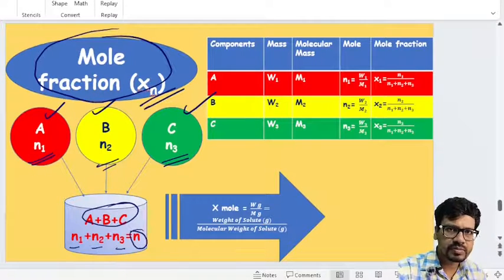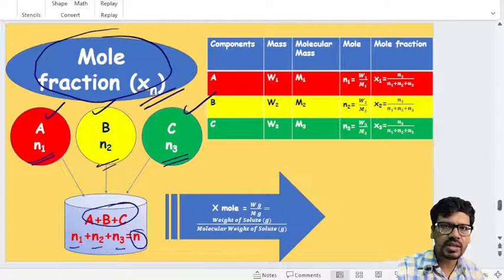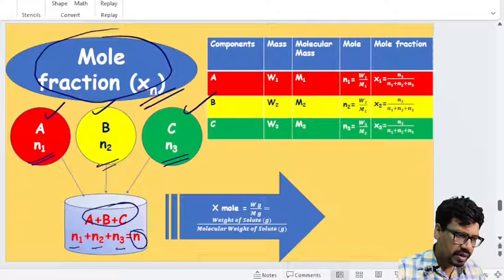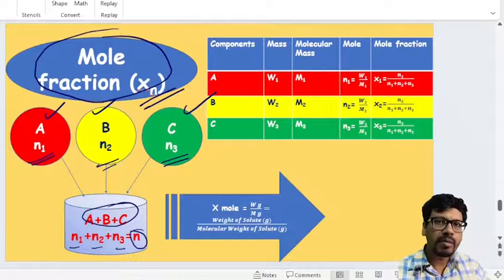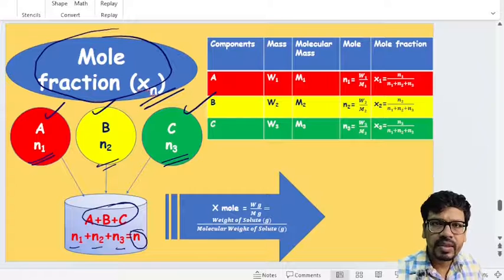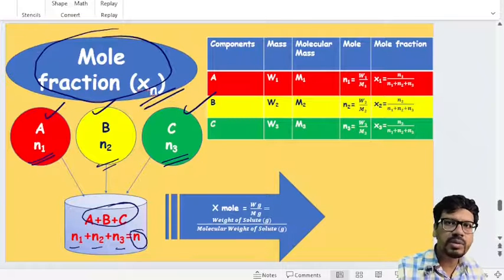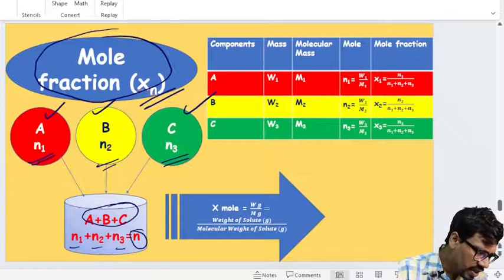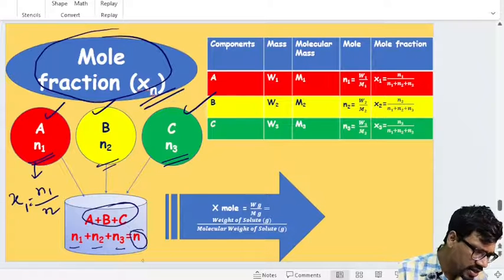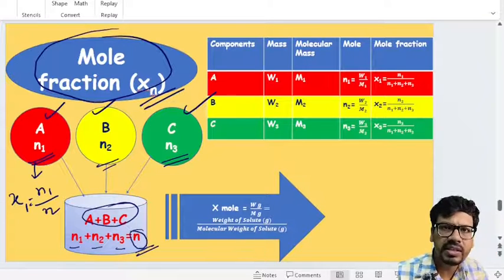So fraction means the number of moles of one component divided by the total mole. This is the mole fraction. The mole fraction of A, that is x1, is equal to n1 by n, where n is the total mole, n1 plus n2 plus n3.